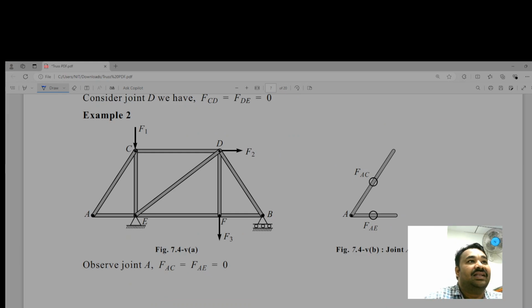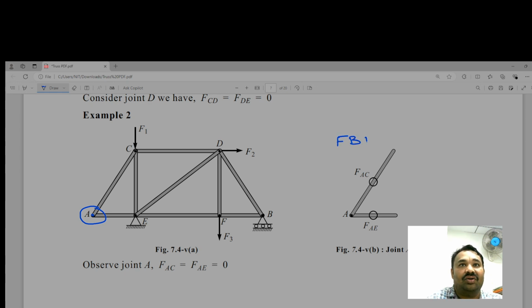The same we can extend here in this structure. This is another structure. By just seeing, joint A is not subjected to any kind of load, either external or internal, or reaction supports. There are no supports at A and no external load, so that's why we are selecting joint A and its FBD.